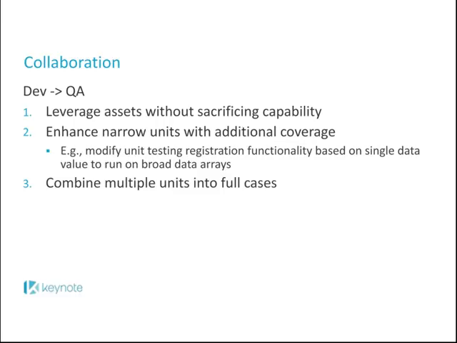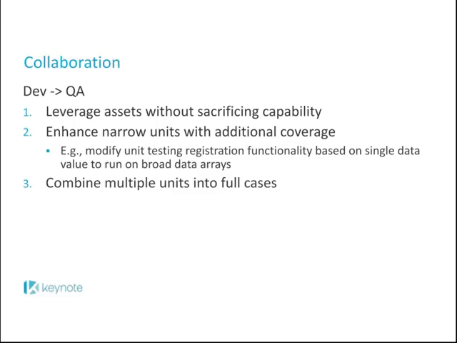So one of them is that you can leverage assets without sacrificing capability. You can take those tests and extend them into an environment, especially one where you can validate your quality and your testing with real device feedback, which is a very important aspect.